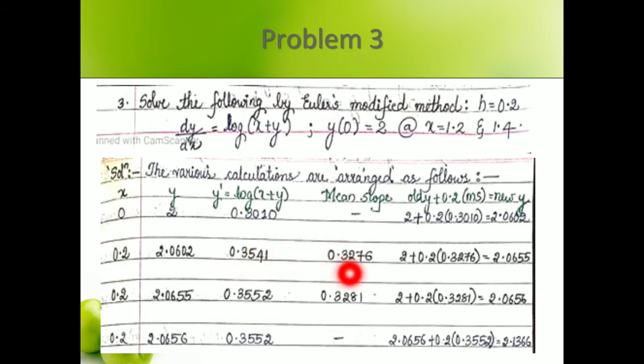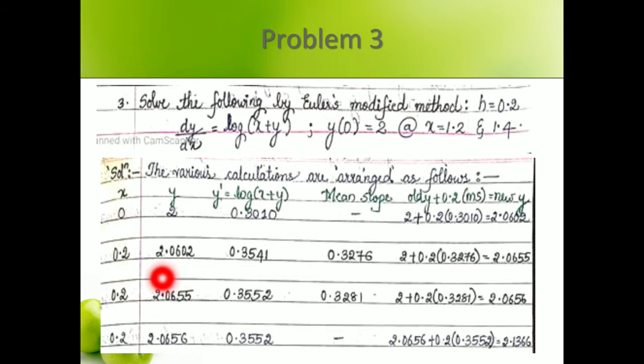Mean slope will be 0.3276. New y value will be 2.0655. Carry this in the next iteration. When y is 2.0655, your new y value is 2.0656. So both the values are nearly equal, so you can stop the iteration here and go to the next.